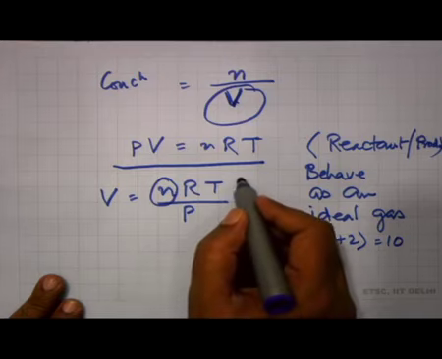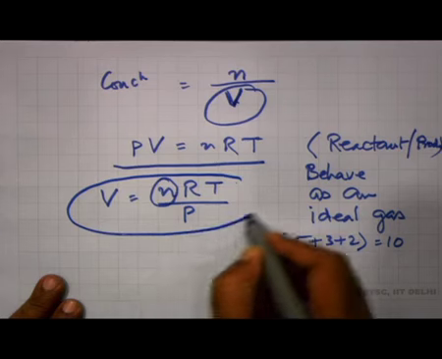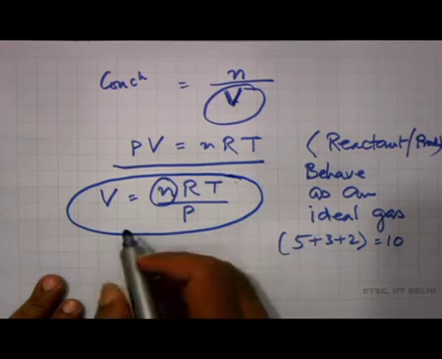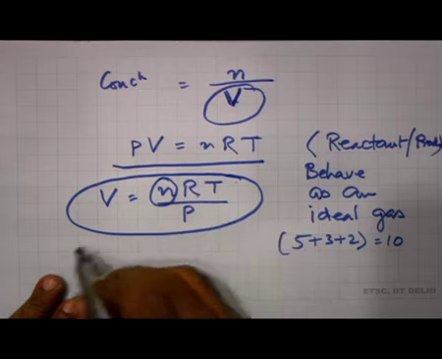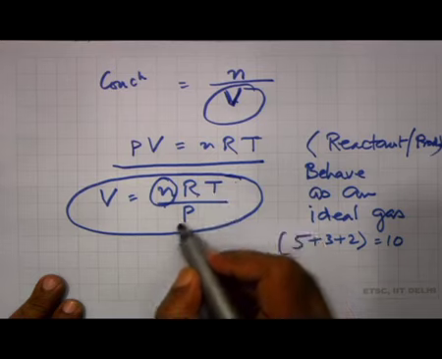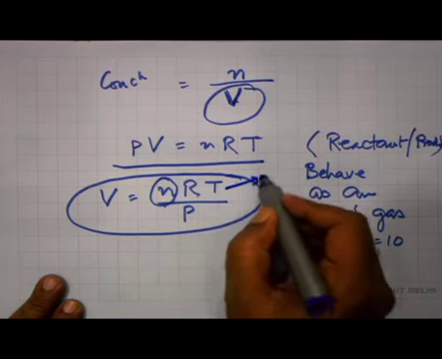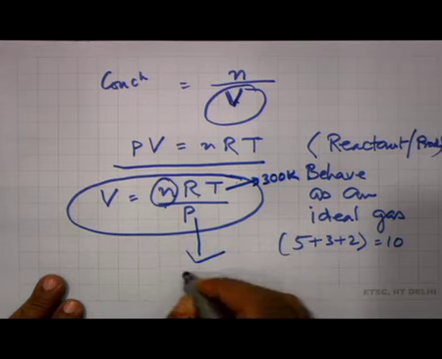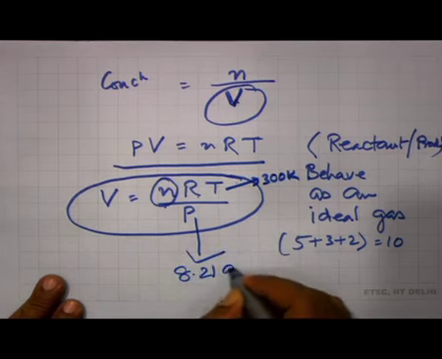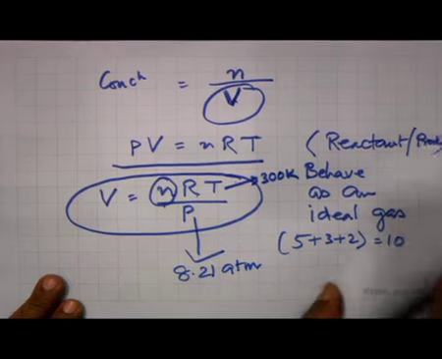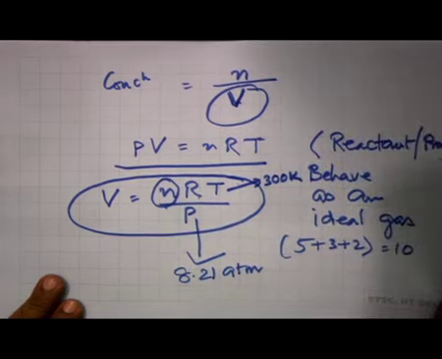Now, if we can calculate the volume, we know R is the gas constant, n is 10, temperature is given as 300 K and pressure is given as 8.21 atmosphere. So, it is quite simple to calculate the volume.